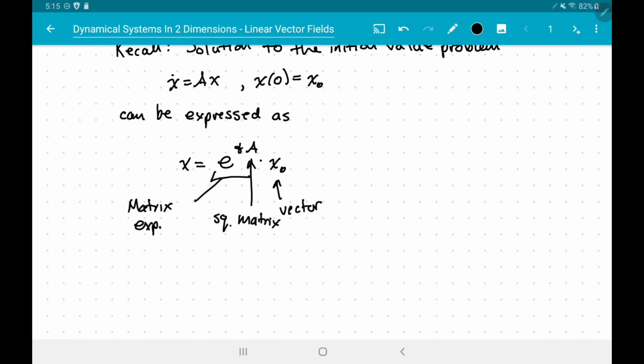I realize not everybody has necessarily seen matrix exponentials before, so I'm going to give a quick introduction to what a matrix exponential is, at least one way to calculate it, and explain the connection to eigenvalues and eigenvectors. Okay, so matrix exponential.